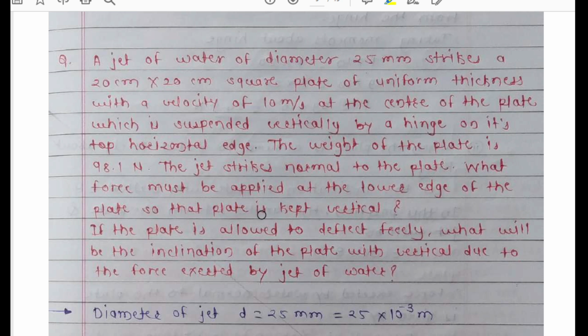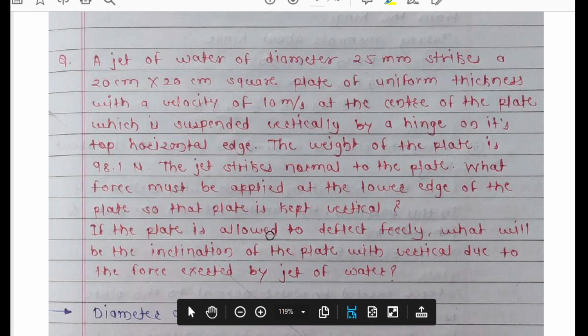Okay, and secondly, if that plate is allowed to deflect freely, what will be the inclination of the plate with vertical due to the force exerted by the jet of water?